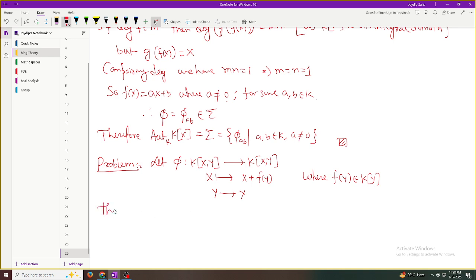Then show that phi belongs to Aut k[x,y].